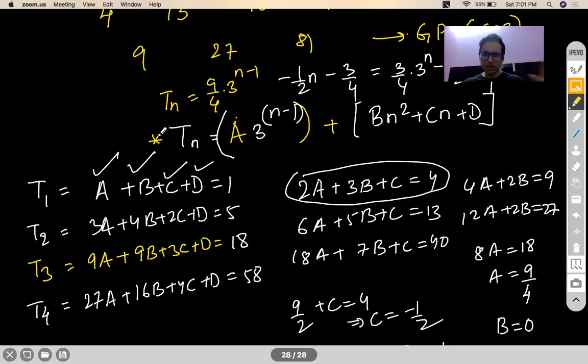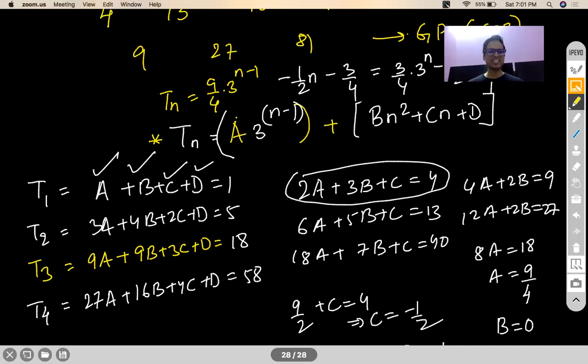So if it's originally a GP, only the first term, capital A r to the power n minus 1, will be there. If your first difference is a GP, then a linear term will be added up, Bn plus C. If your second difference is a GP, then a quadratic in n will be added up, and so on and so forth. Make sense? Any questions here?